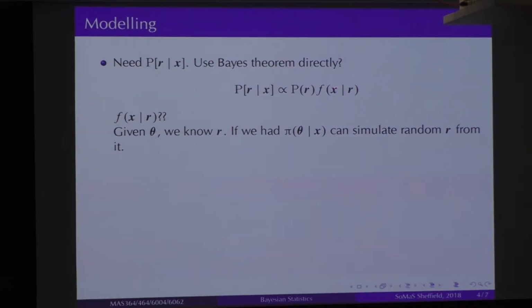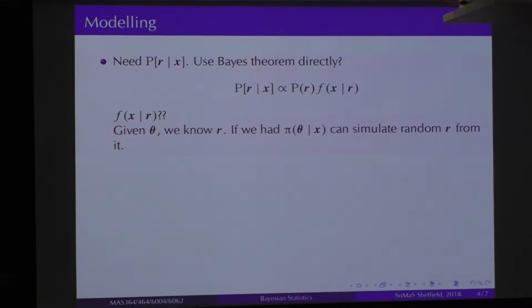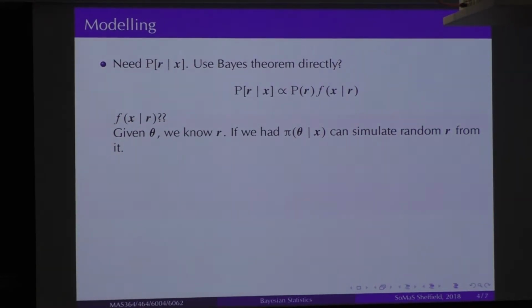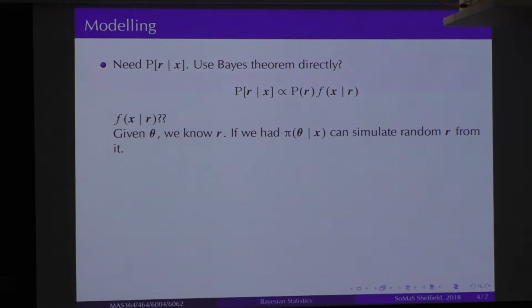But writing down the likelihood for the rankings or coming up with a model for the rankings might be quite difficult, right? So that is a problem if you want to do that directly. Again, we have a model for theta, for n_i and x_i, but we don't have a model for the rankings based on that.